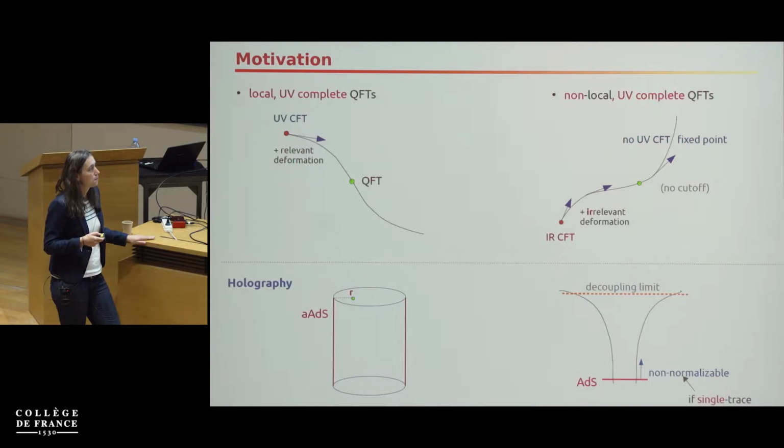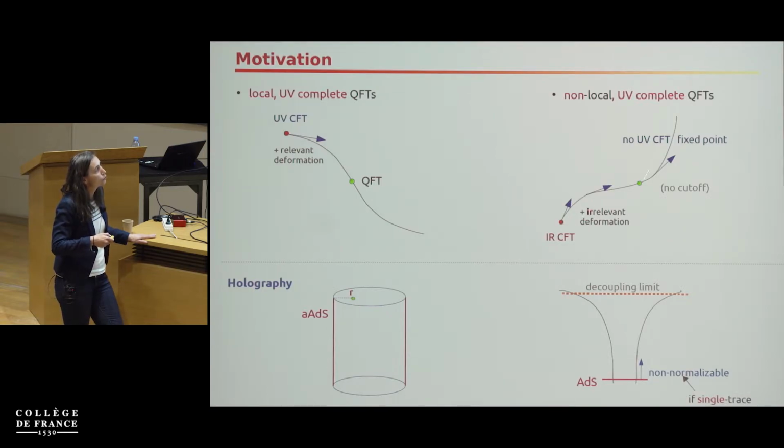However, holography beyond AdS is almost unexplored territory. We understand extremely little about it. So the hope is that this hugely finely tuned irrelevant deformation that produces UV complete QFTs that are non-local could be a way to track down holography for at least the backgrounds that can be obtained from this sort of decoupling limits. So that's sort of the hope.